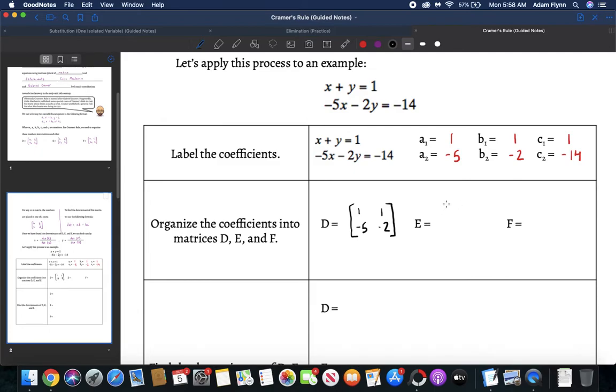For my E, I have C's in the left-hand column, so it's going to be 1 and -14. And in the right-hand column, I have my B, so 1 and -2.